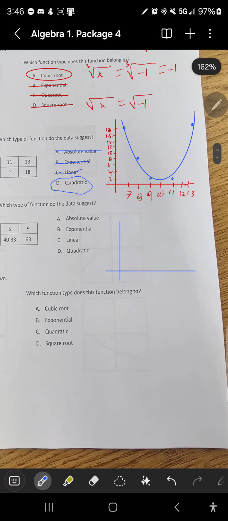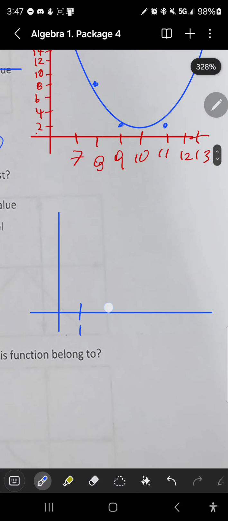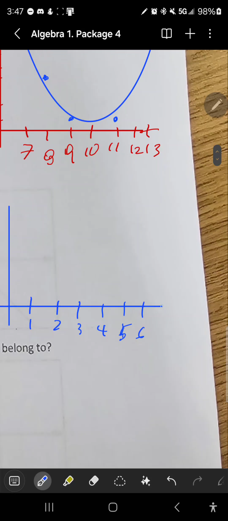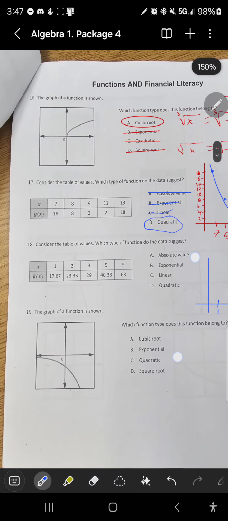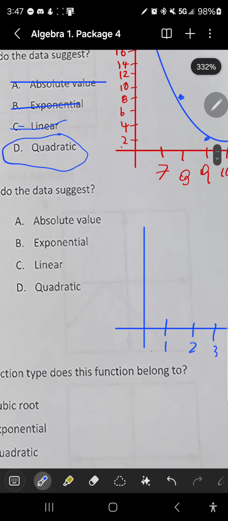It's from 1 to 9: 1, 2, 3, 4, 5, 6, 7, 8, and 9. And now for the y, I'm gonna go 15 by 15. I know it's a lot, but that's the best I can do.